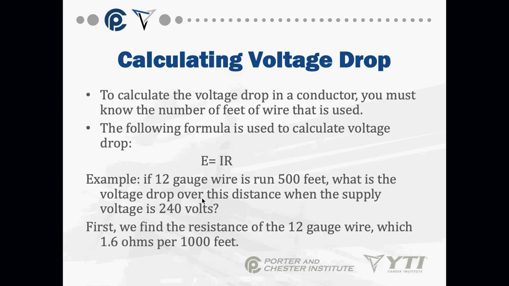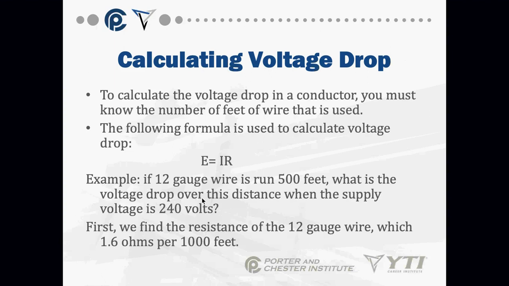So to find the voltage drop, you calculate using Ohm's law. If 12-gauge wire runs 500 feet, what is the voltage drop when the supply voltage is 240 volts? First, we have to find the resistance of the 12-gauge wire, which is around 1.6 ohms per 1,000 feet.